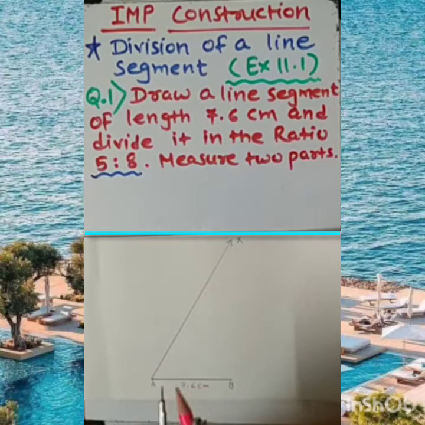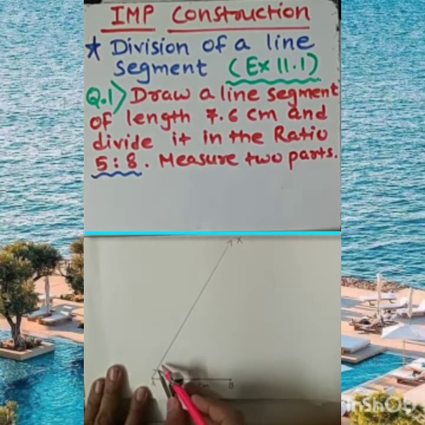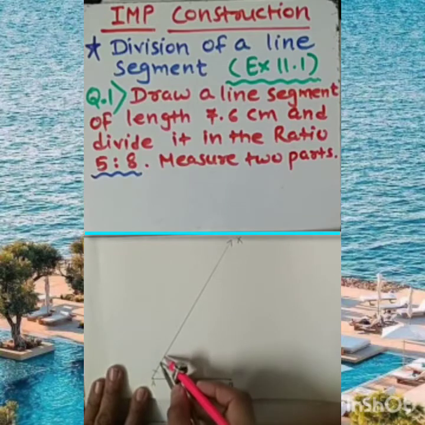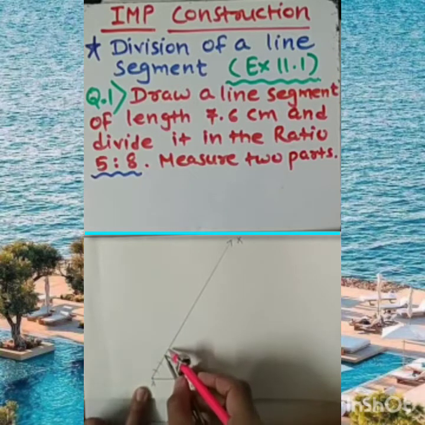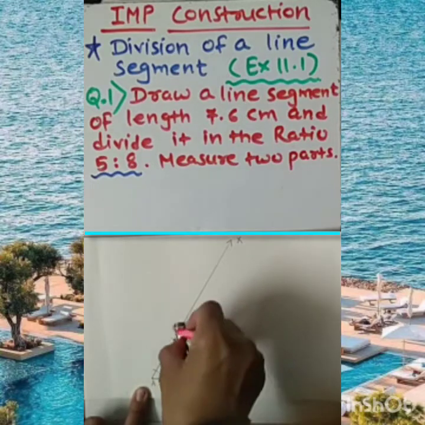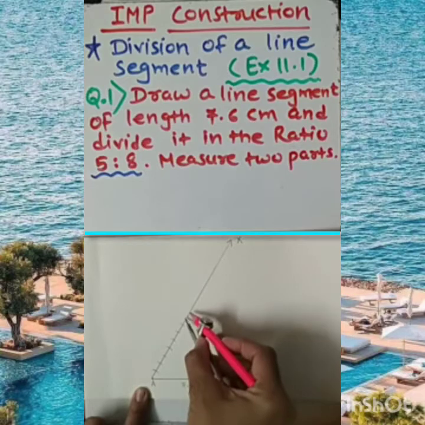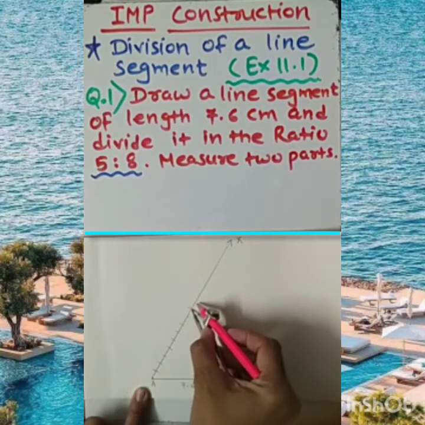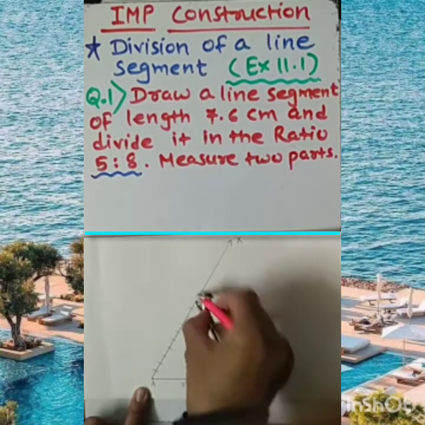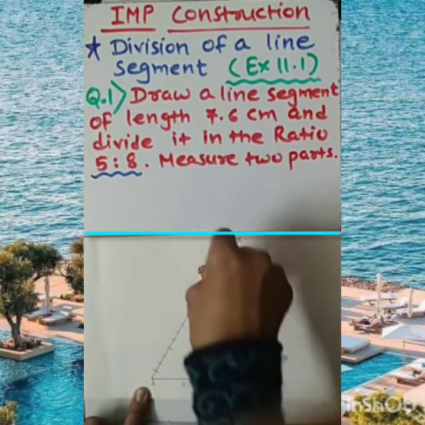Clear? So keep the pointer of the compass. I am choosing one radius. These are my A1, A2, A3, A4, A5, A6, A7, A8, A9, A10, A11, A12, and of course A13.